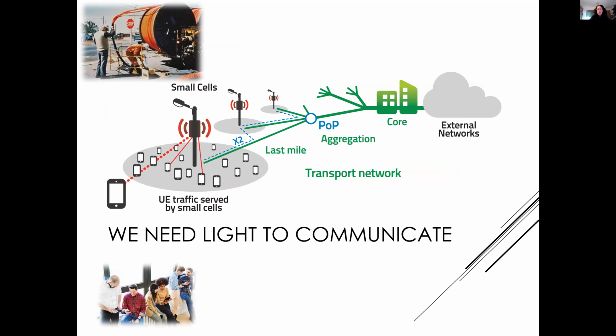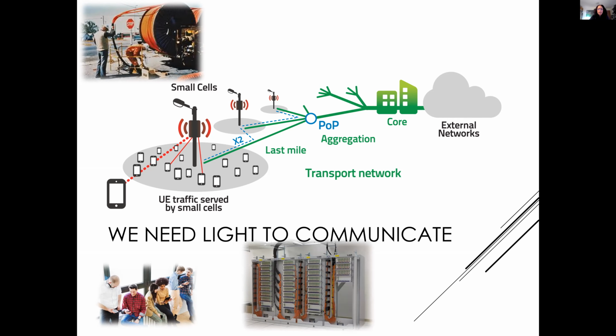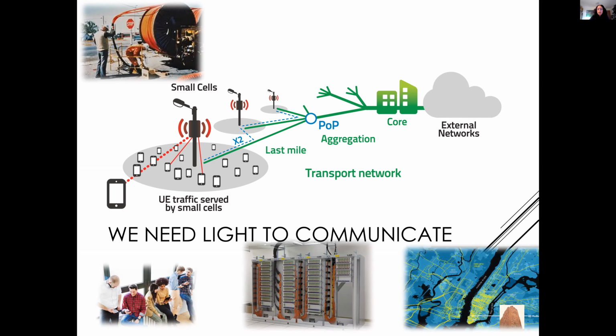And this is transmitted through fiber. After that, the data is multiplexed and switched in the central office, and then we need basically a lot of fiber to connect all the buildings in Manhattan, let's say here.